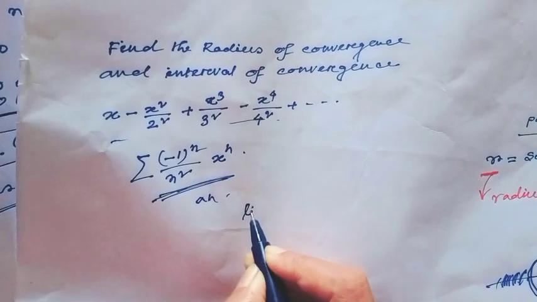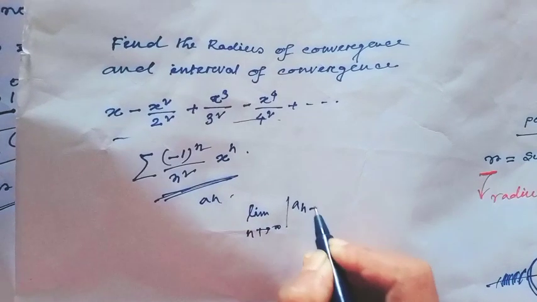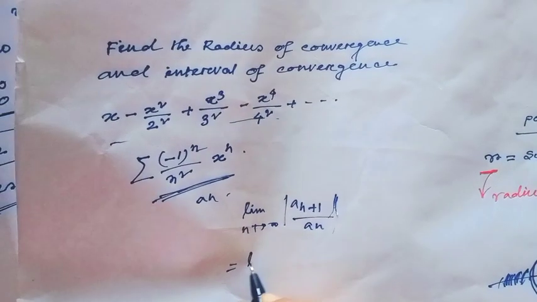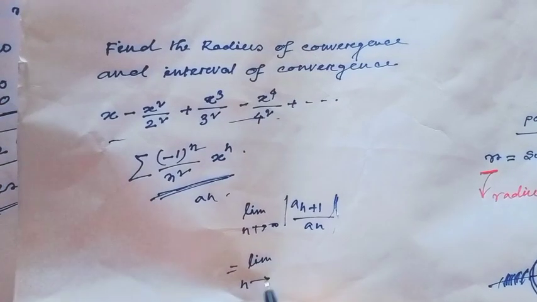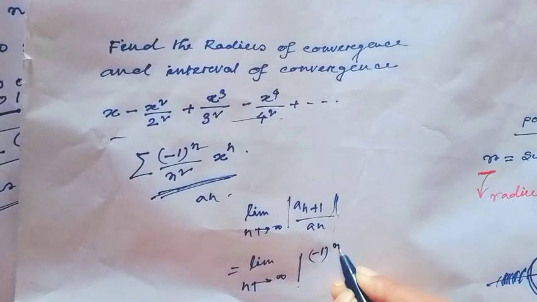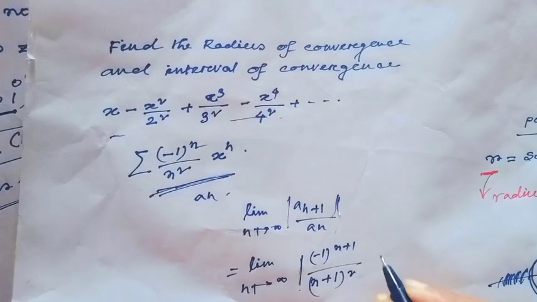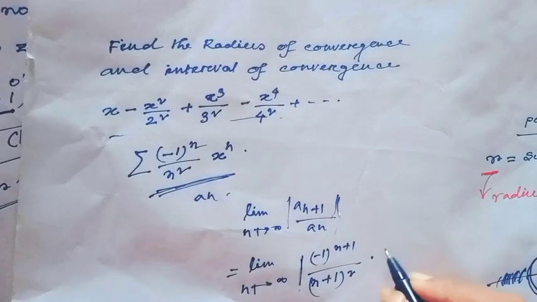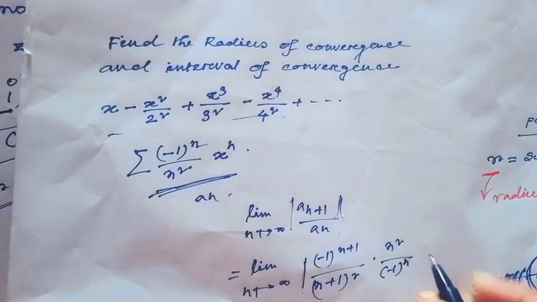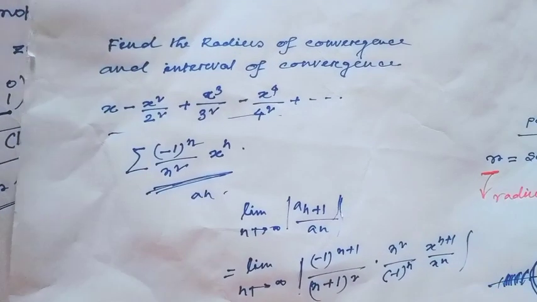Here the ratio test is limit n goes to infinity, absolute value of a_(n+1) over a_n. Then this is limit n goes to infinity of (minus 1) to the power n plus 1 over (n plus 1) whole square, where a_n means (minus 1) to the power n over n square, and x to the power n plus 1 over x to the power n.